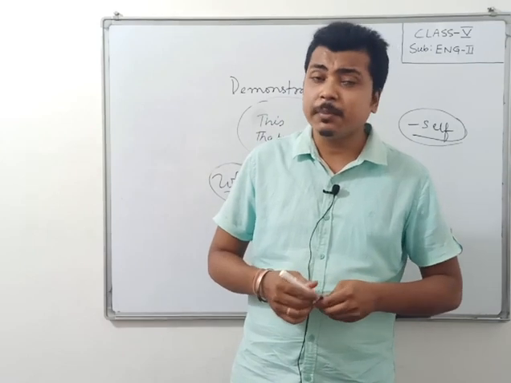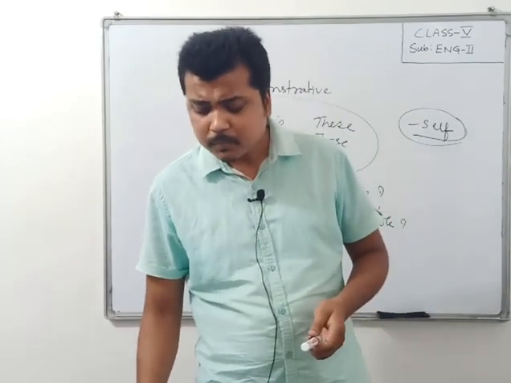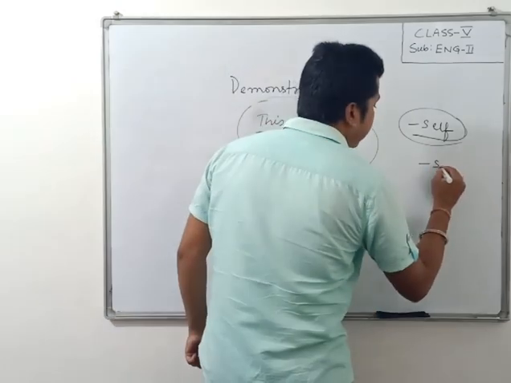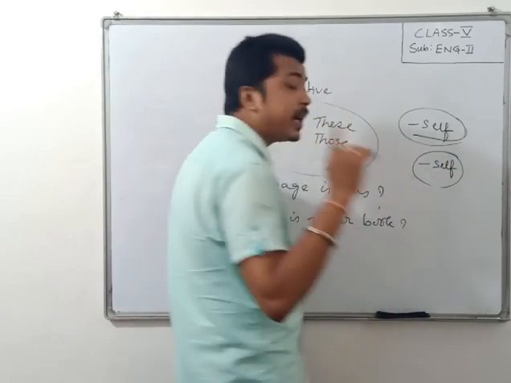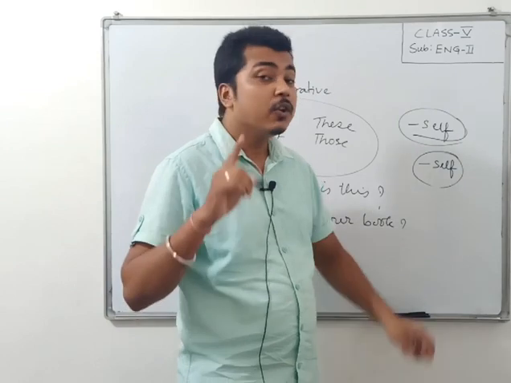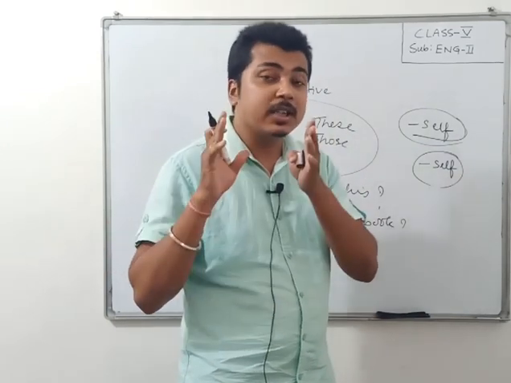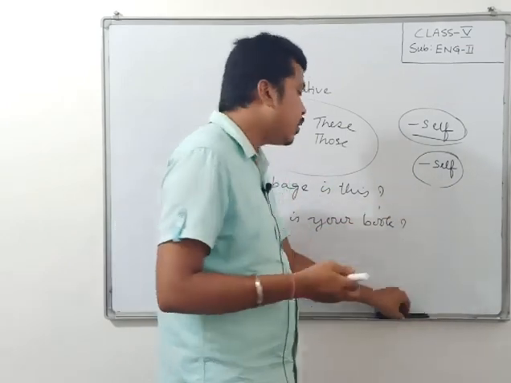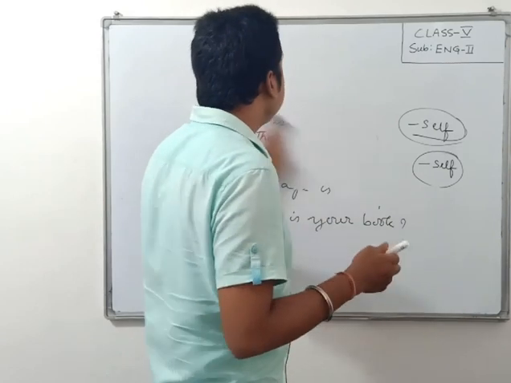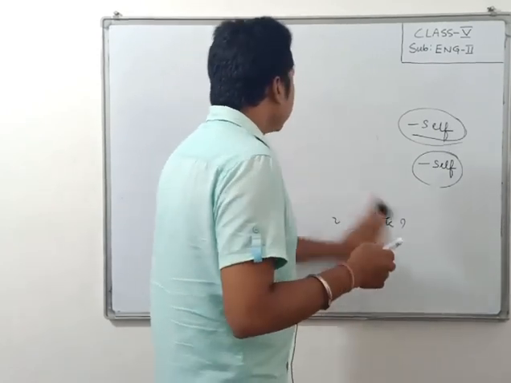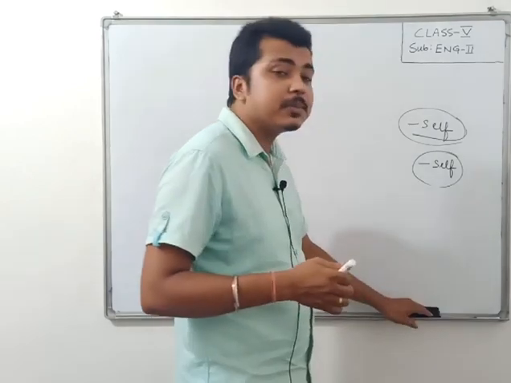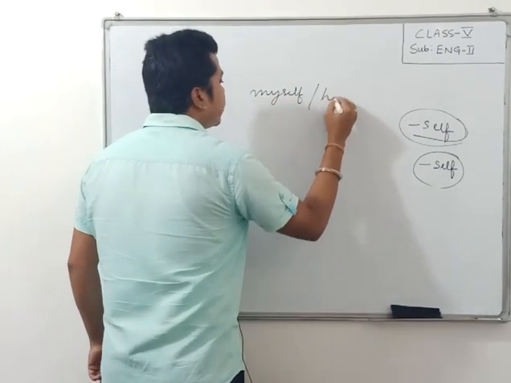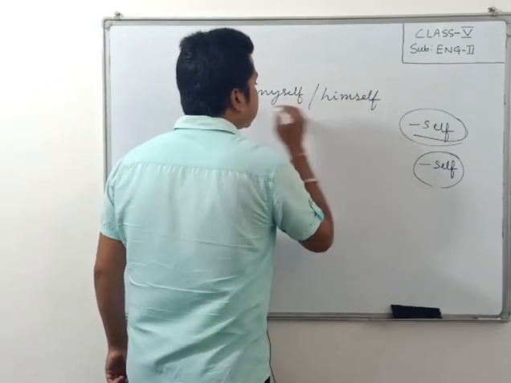Now simply you remember one point, dear student. Any self word, that is myself or himself, herself, it can be anything, is emphatic or reflexive. To understand you better, I am telling you this thing, simply to keep in your mind.